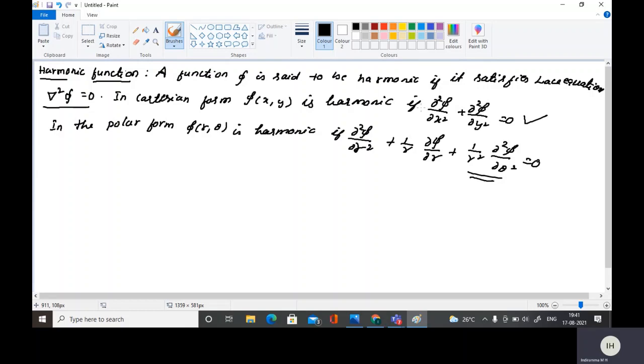Okay. So next we go for the harmonic property. What is the harmonic property?